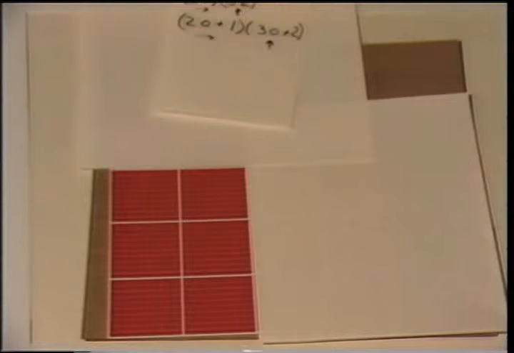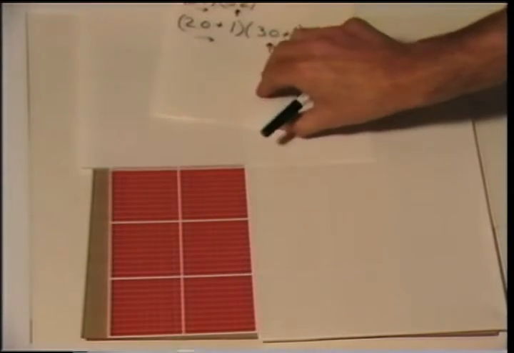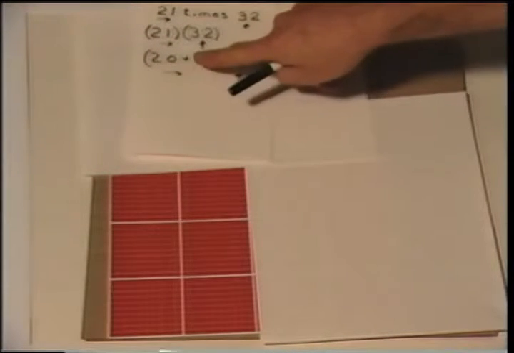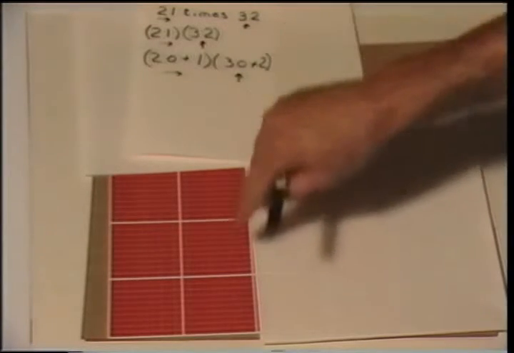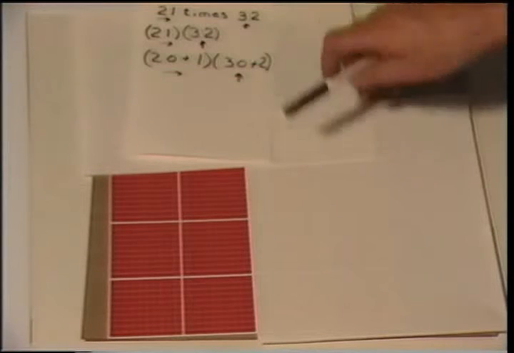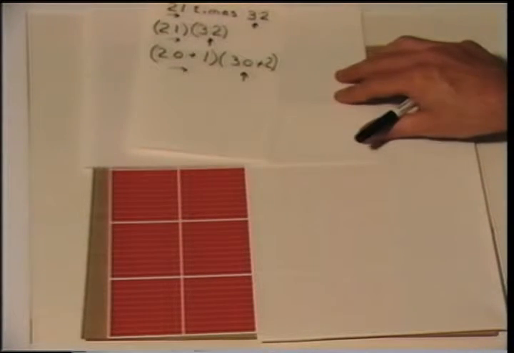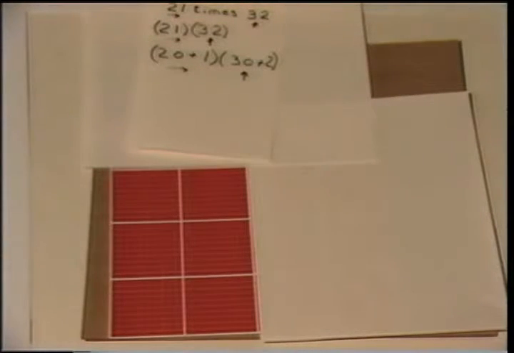Notice, we can see if we come over our first amount, 20, and stop before we go over our second amount and come up our first amount, we can see exactly what size our first piece or grid needs to be.